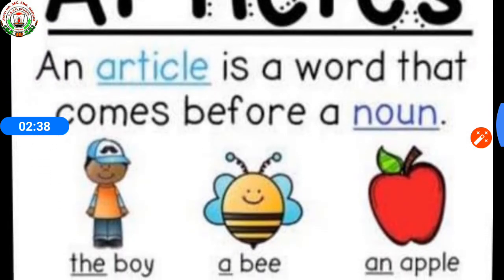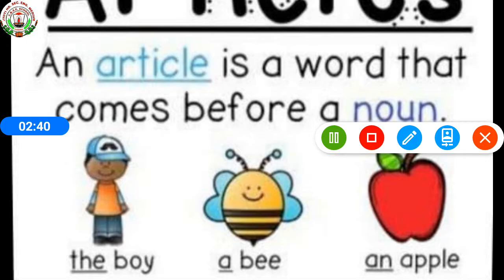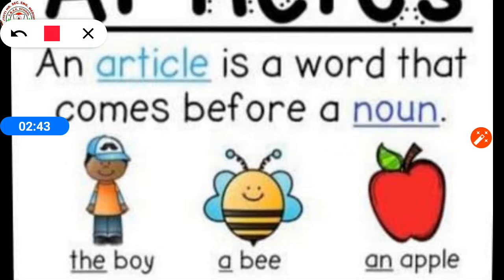So, for example, the boy, a bee, an apple. Like these examples, so many are related with a, an, and the articles.